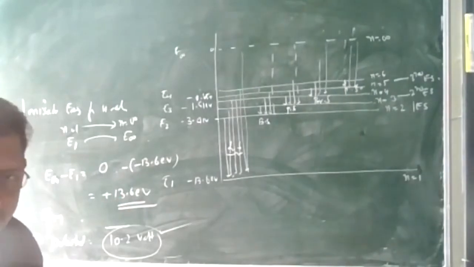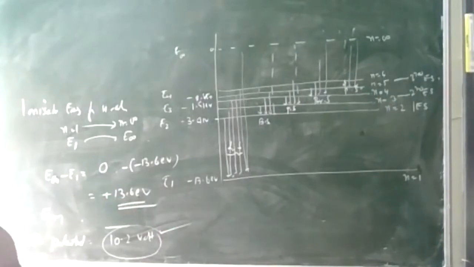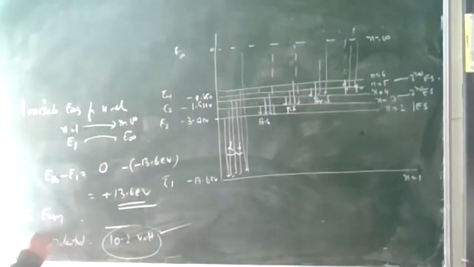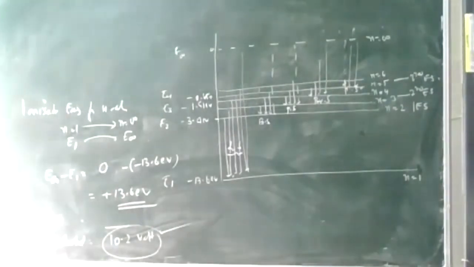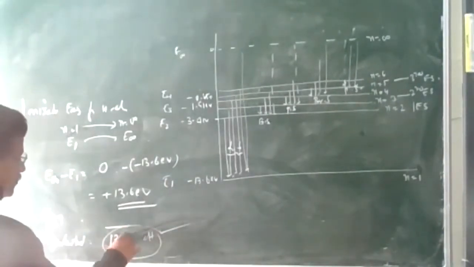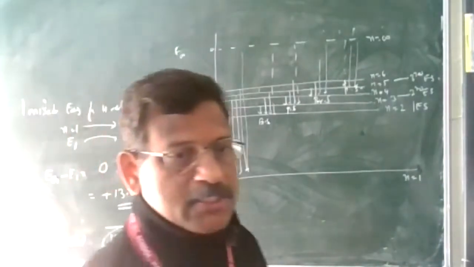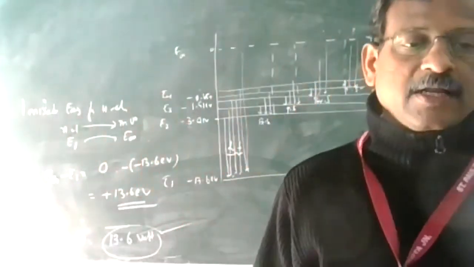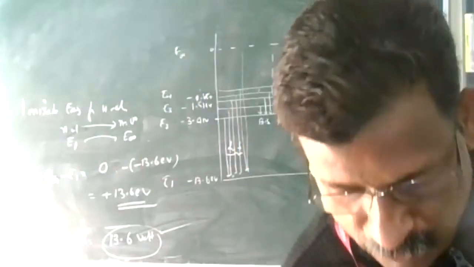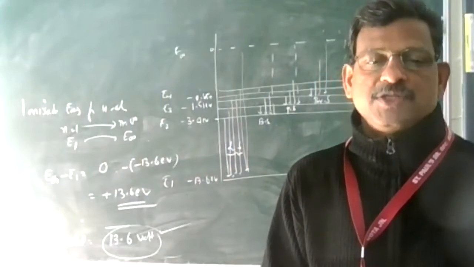If you are asking for ionization potential, it is the potential to remove the electron from here. So we are getting 13.6 electron volt. Ionization energy is 13.6 electron volt. Therefore, ionization potential for hydrogen atom is 13.6 volt.